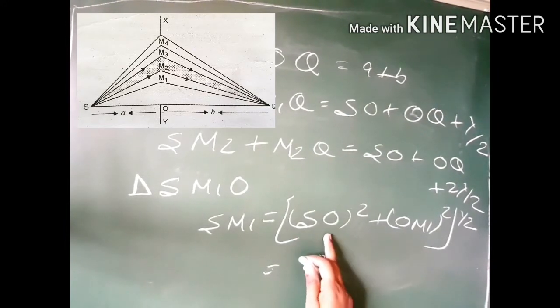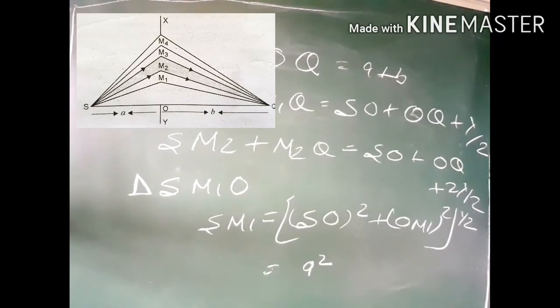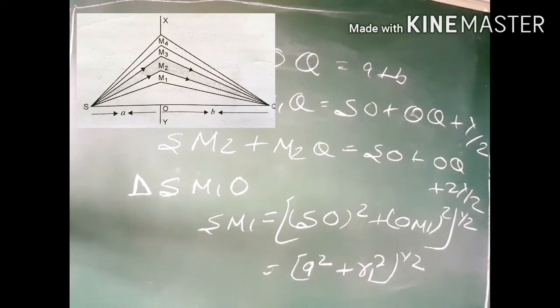SO is equal to a, and OM1 is the radius of the first half-period zone. Suppose this is equal to R1. The radius of the first half-period zone is R1, the radius of the second half-period zone is R2, and so on. Then we have (a square plus R1 square) raised to power 1 by 2.